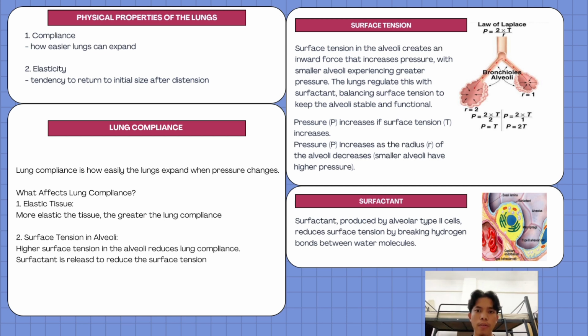From the law of Laplace, we can conclude that the pressure will increase as the surface tension increases, and the pressure increases as the radius of the alveoli R decreases. So to deal with this, surfactant is produced by the alveolar type 2 cells, as you can see from the picture. This surfactant will reduce the surface tension by breaking hydrogen bonds between water molecules.